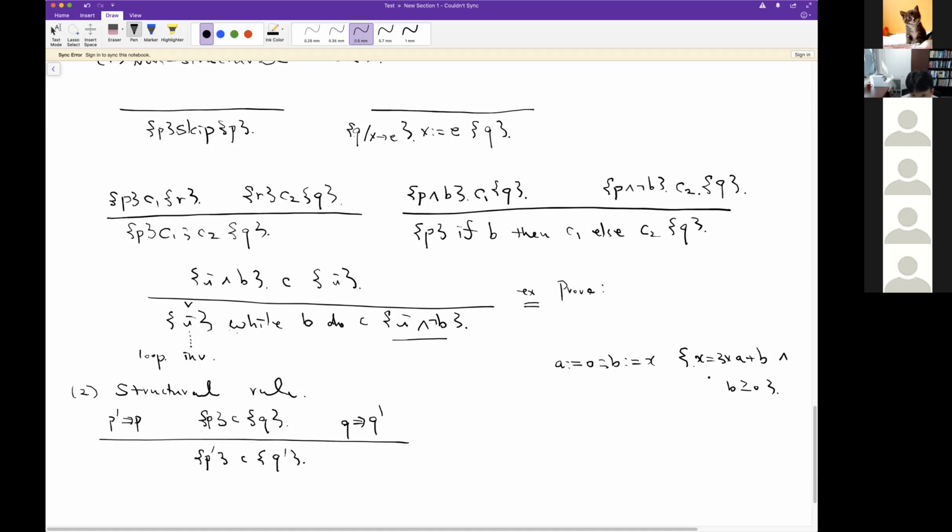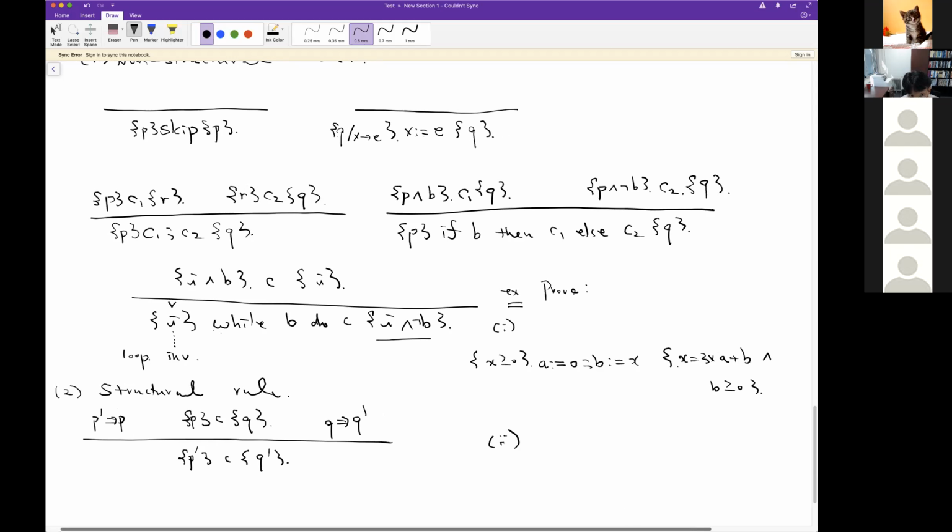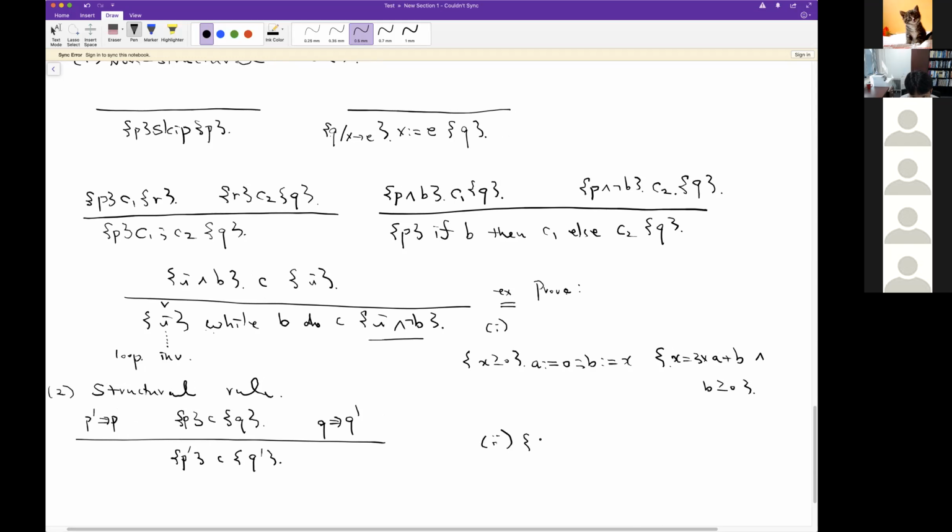Prove that something is greater than or equal to 0, and also prove that something times A is B is greater than 0.